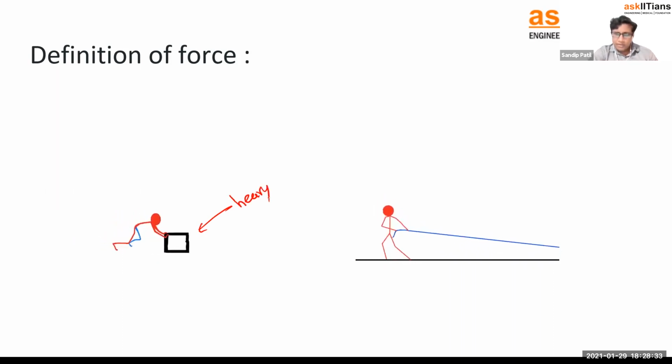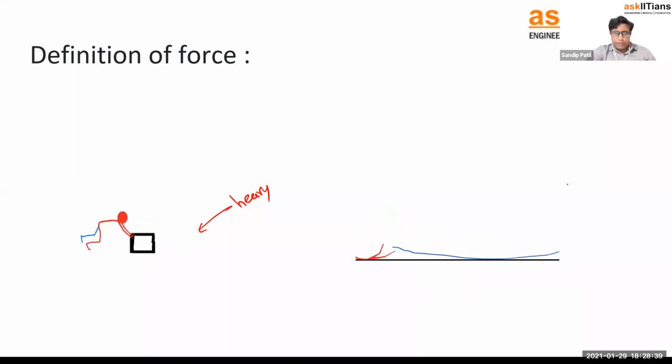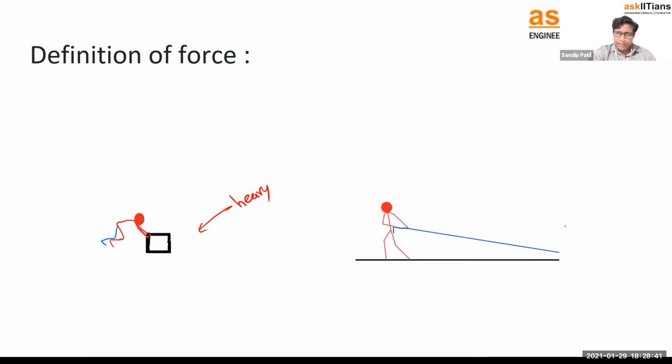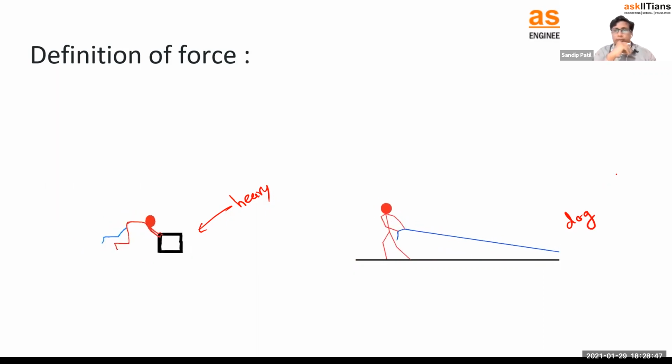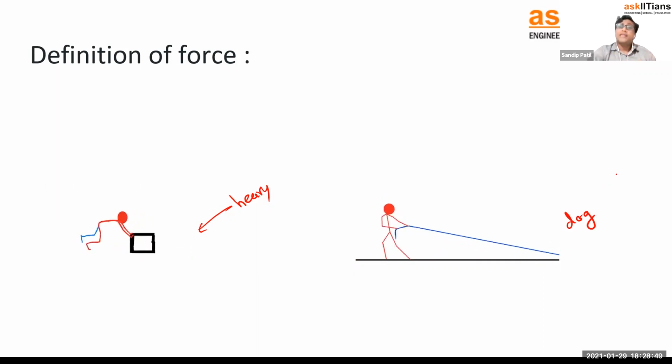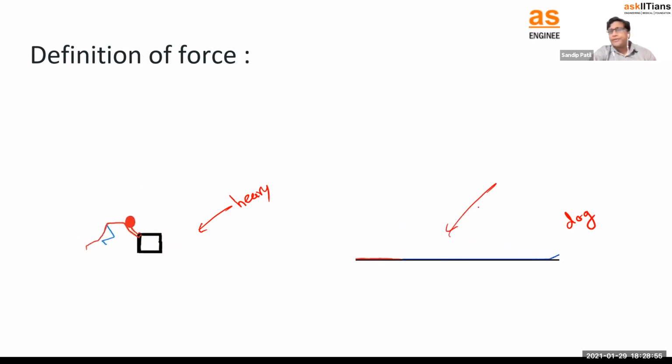Similarly, the second person is pulling someone. Let's see. Yeah, I think it's a big dog. He is pulling that big dog and was not able to, so obviously we need to apply a lot of force. Also, there is one more case: a string here. If you want to pull an object, mostly we use a string.